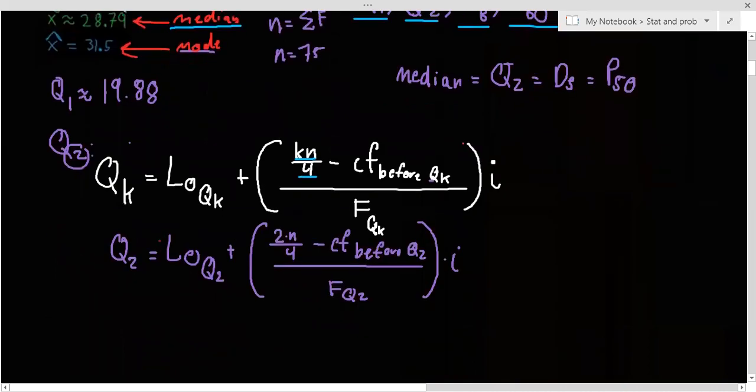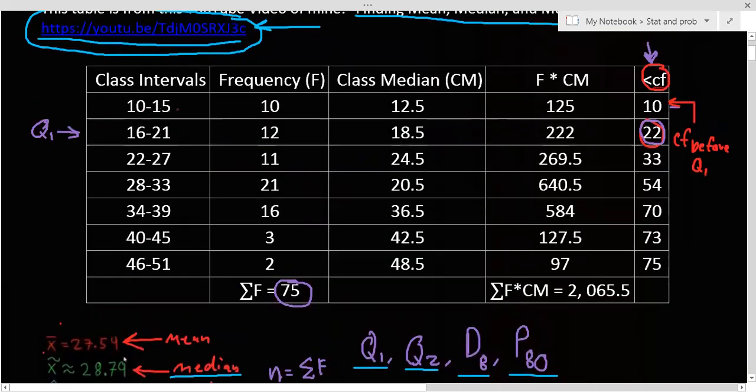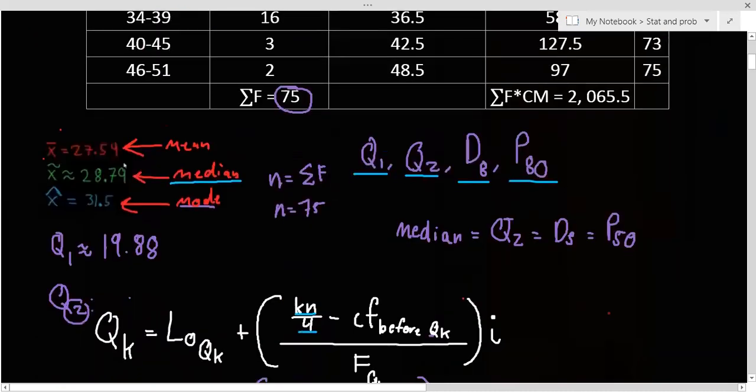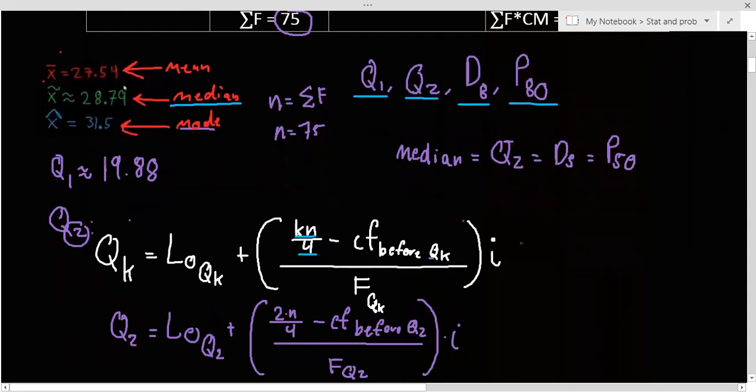Ngayon, how about naman kapag second quartile? How will you find the second quartile class? Okay. So which one of these class intervals is pang second quartile? So una, kunin mo yung fraction nito, which is 2 times n all over 4, which is basically the same as 2 times 75 all over 4.